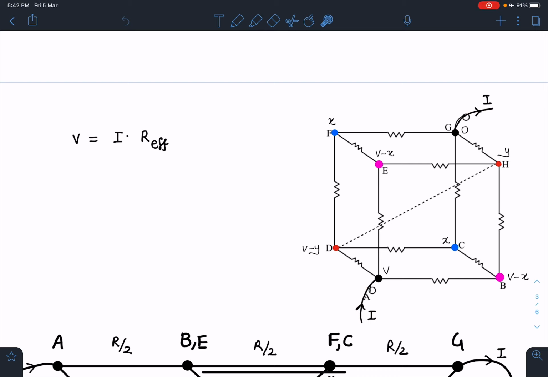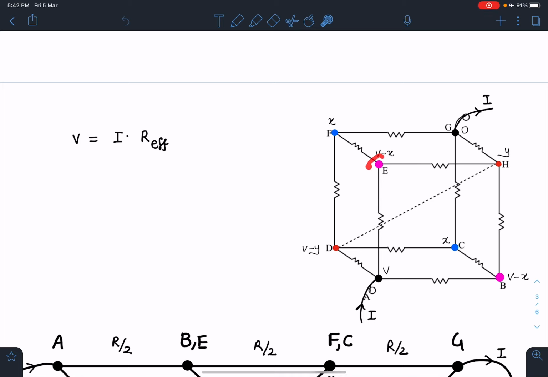If I choose this potential difference as X and this also as X, then I can surely say that if this gap is X and this is higher, this potential difference must be V minus X. So this minus this is X divided by R, and the same current it will give.